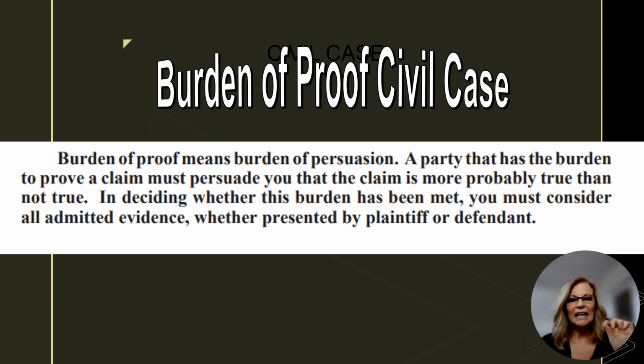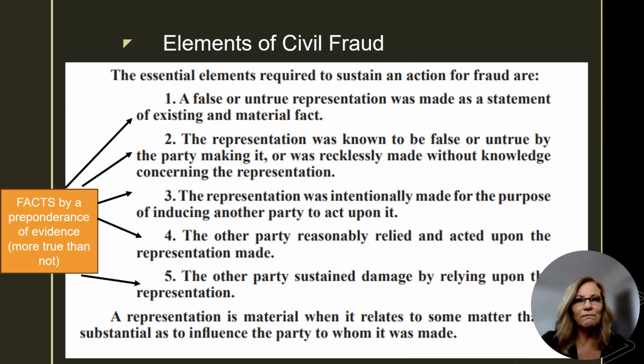What does that mean? Even a hair over 50% in favor of my case of every element wins this case. Okay? That means what? The defendant or the respondent is liable. Civil case is liable. Okay? Now, let's look at elements of a civil fraud. Oh, we did. I'm sorry.